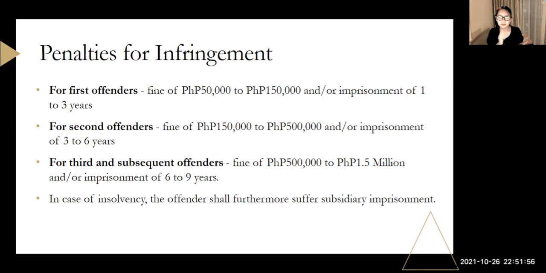So either ma-imprison sila in a set years na ibibigay or kung meron silang property na kasi yung same amount nung fine na binigay sa kanila, yun yung kanilang i-turn over kung ayaw nilang makulong.